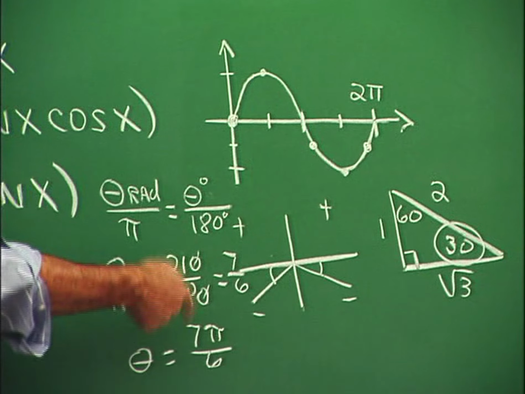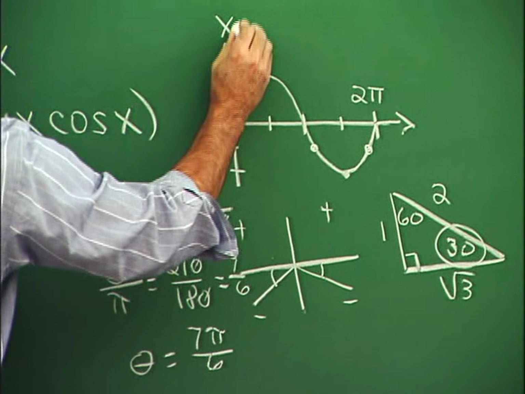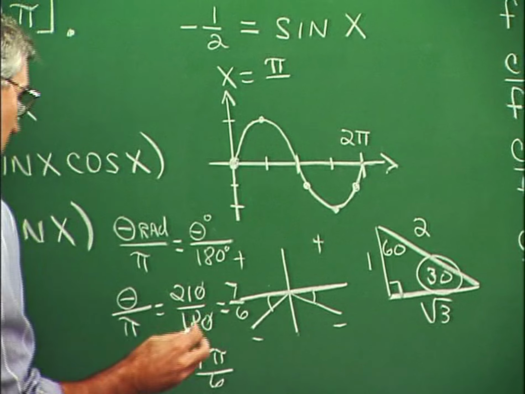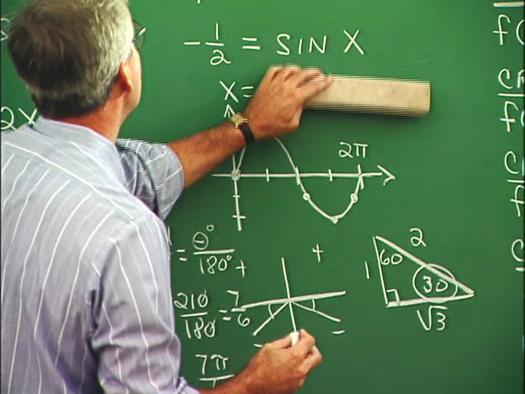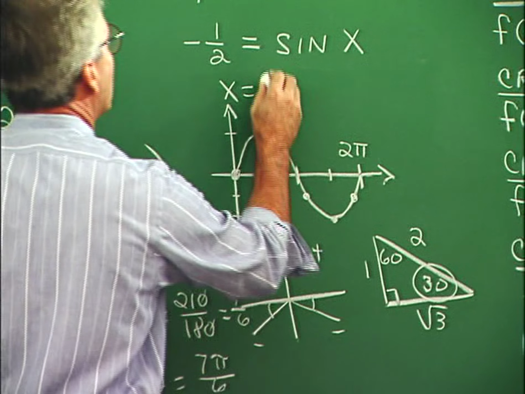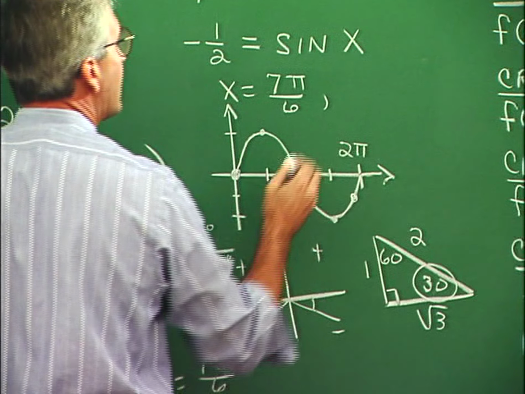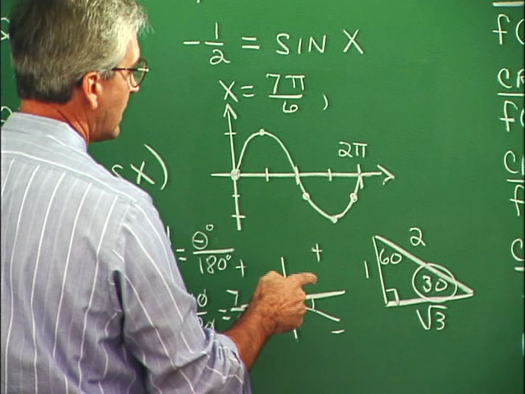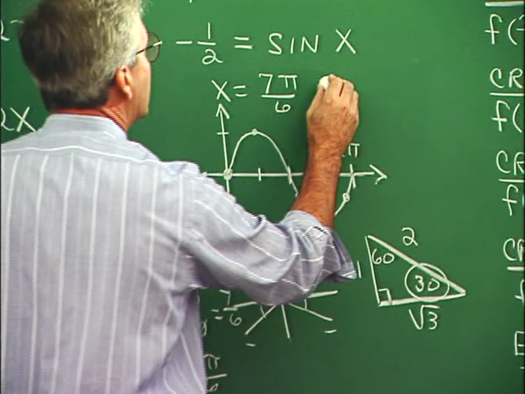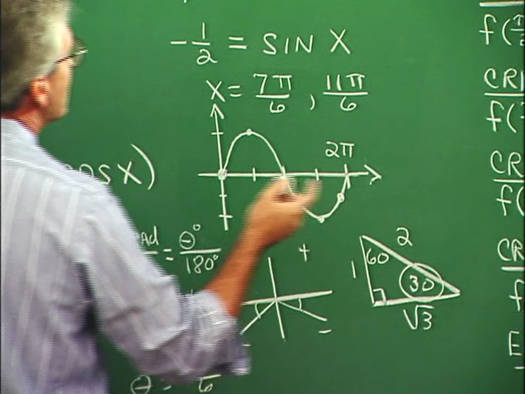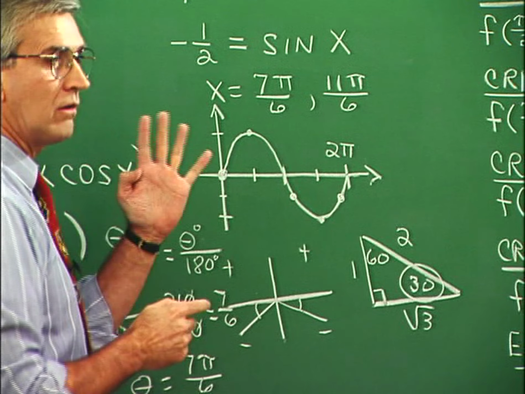So our x here is 7 pi over 6. Going through the same process, we find that the other value is 11 pi over 6. Now we have 4 critical values.